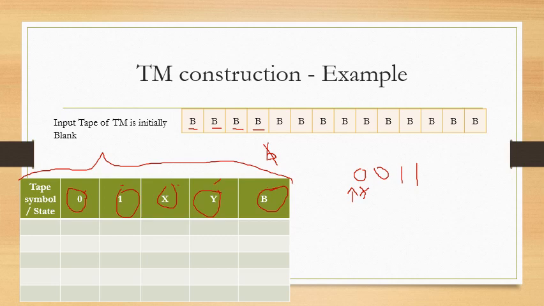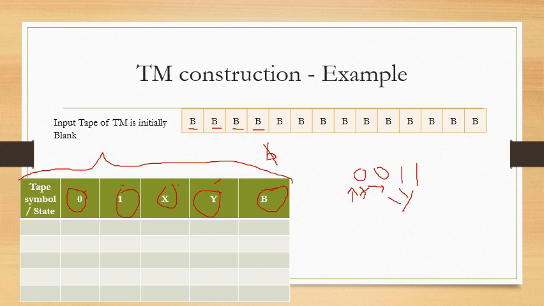Then for this 0 that I have read, I should have a matching 1. So I will move to the right side, and there I may have a number of zeros. I will just keep them and keep on moving to the right. When I see a 1, I mark it as y, and then I have to move to the left.